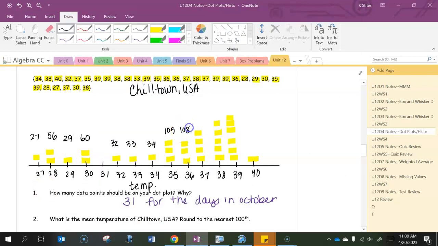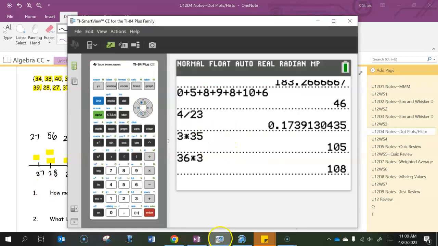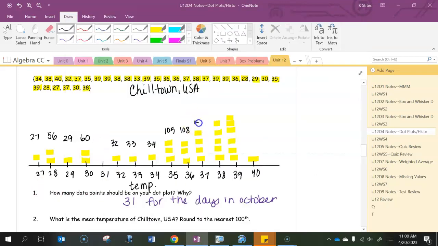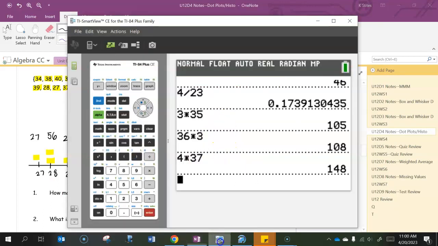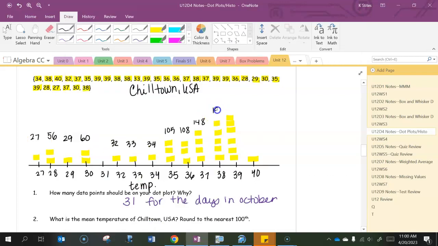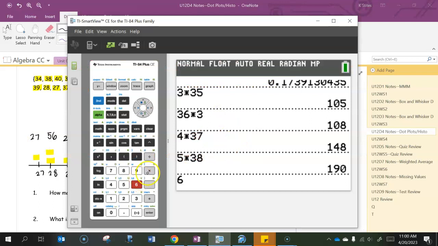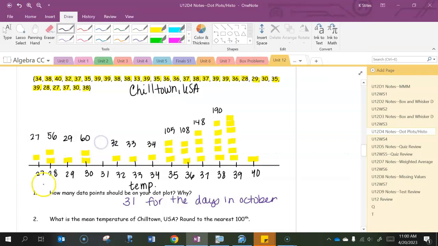All right, 108. We have 4 of the 37s, 148. We have 1, 2, 3, 4, 5 of the 38s. It's 190. 1, 2, 3, 4, 5, 6 of the 39s. That's 234. And then this is a 40.